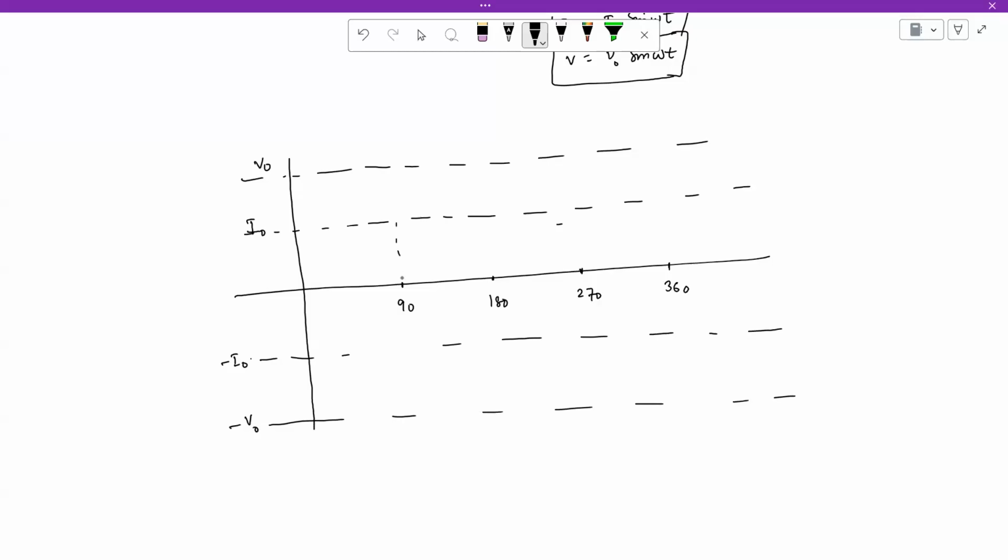So at 0, this would be 0, right? At 90, this would be V naught. And at 180, this would be 0. And again at 270, this would be minus V naught.